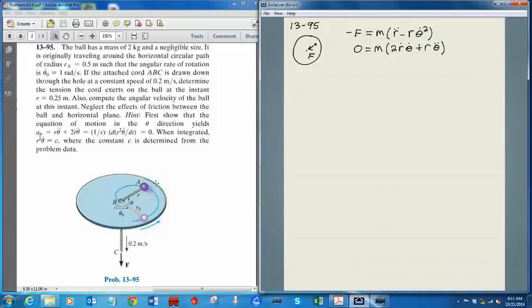Okay, because this is a non-instantaneous problem, you should be expecting that you're going to have to solve a differential equation. And that's why the book gives you the hint of what to use.